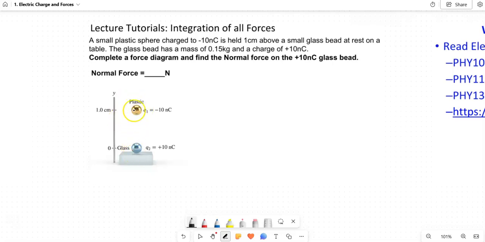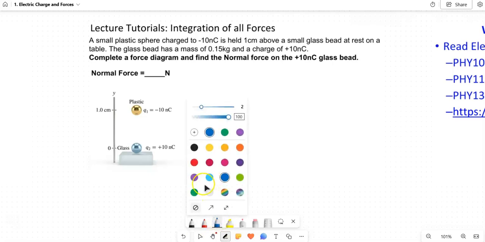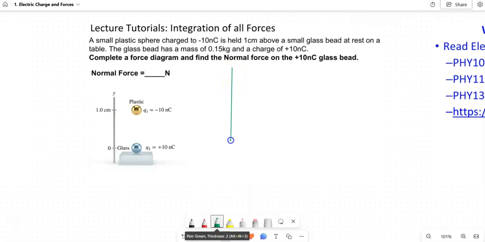Now, both of these objects are a distance 1 centimeter apart, and the glass bead has a mass of 0.15 kilograms, right? So starting off, just like we always do, we're going to go ahead and write our coordinate system.